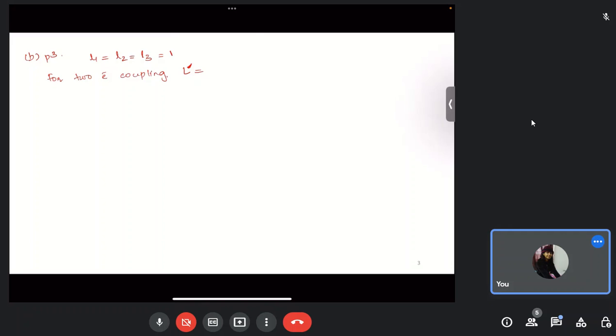L prime will come from L1 plus L2 till L1 minus L2. So in this case, it is 1 plus 1, 2, 1, and L1 minus L2 is 0.